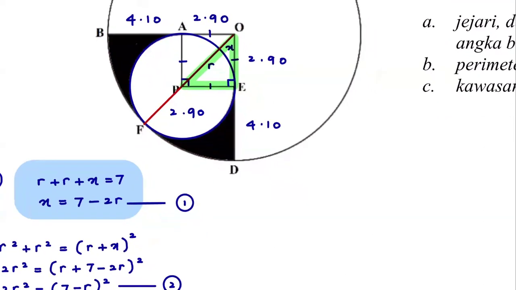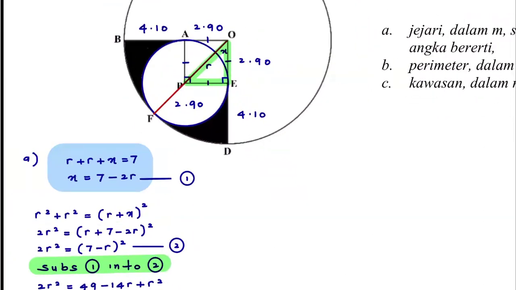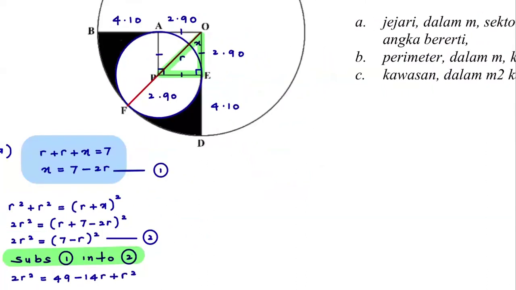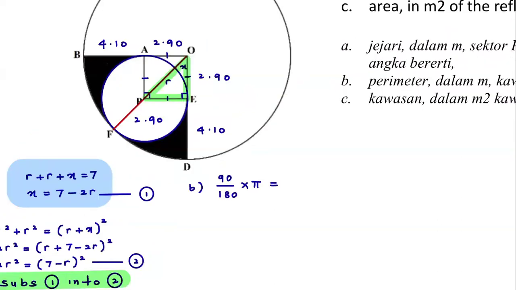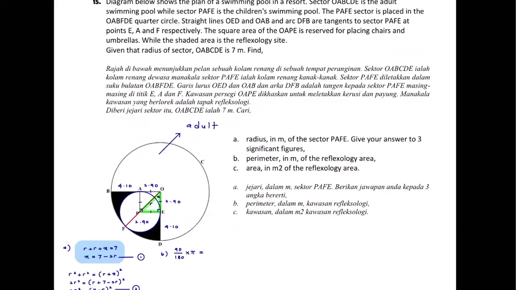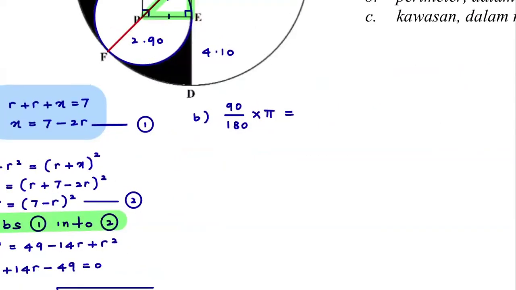Okay, what we're going to do now, for the big sector, this one is a 90 here. Can you see a 90 here? This is 90. So what I'm going to do for question B, I want to change the 90 degrees to radians: 90 over 180 times pi. Is pi given here anywhere? No, no problem. We can use the pi, and later we can see the pi with the value.